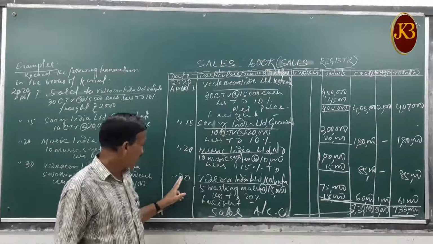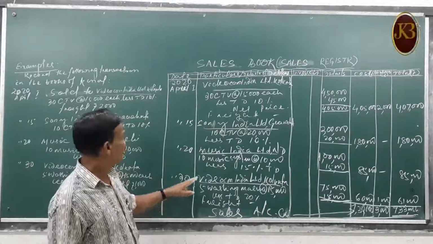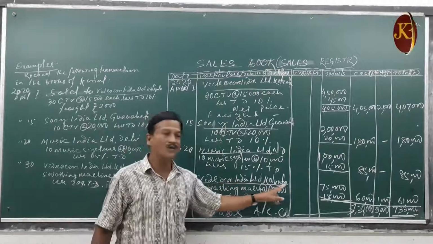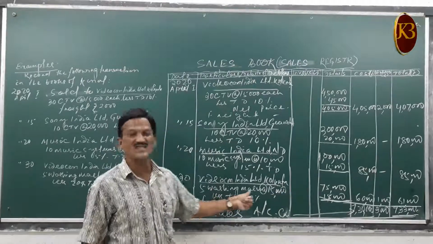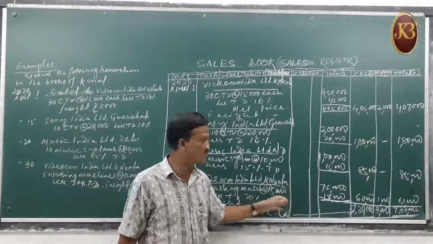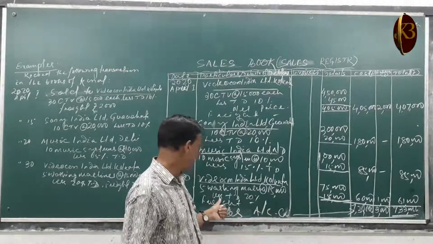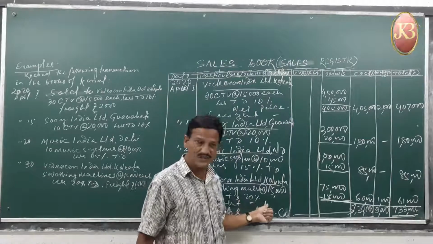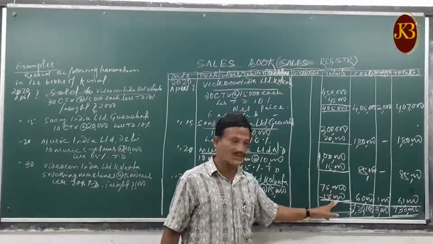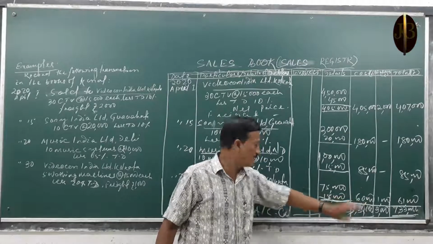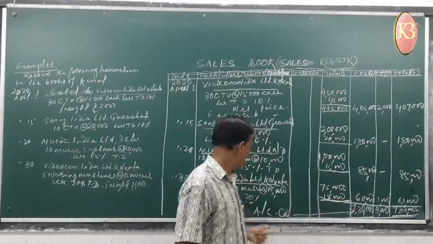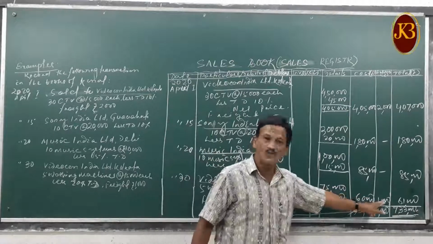Then again on April 30, sold to Videocon India Limited, Kolkata. That is 5 washing machines at the rate of 15,000 each. Total is 75,000, less trade discount 20%, so less 15,000, then 60,000 is the net price. Then the freight charges, that is 1,000.